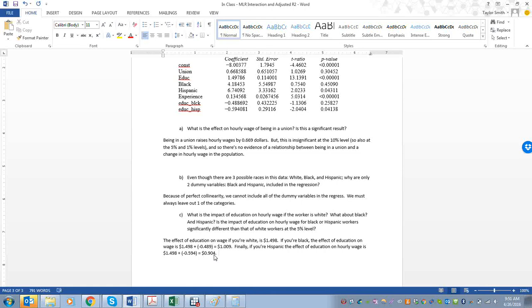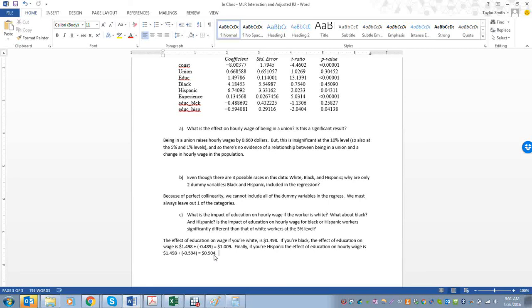Okay, so we have three different effects of education on your pay, and it depends on what race you are. If you're white, one more year of education raises your pay by $1.50. If you're black, about $1. And if you're Hispanic, about 90 cents.